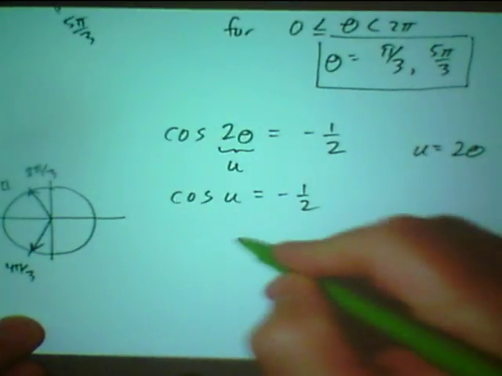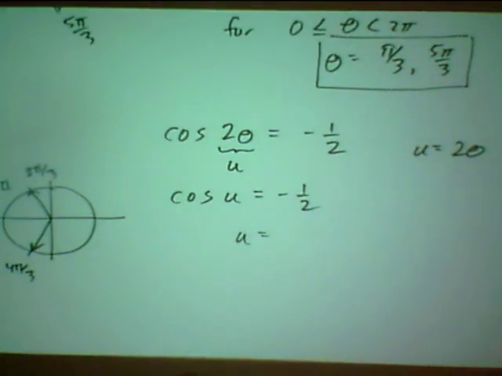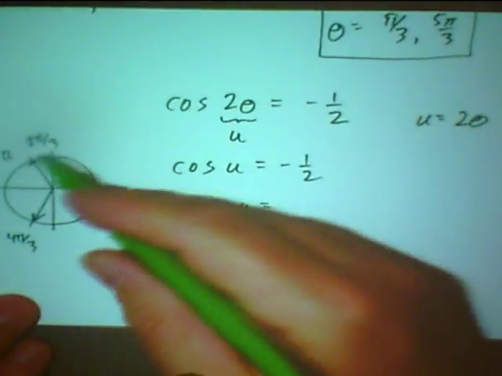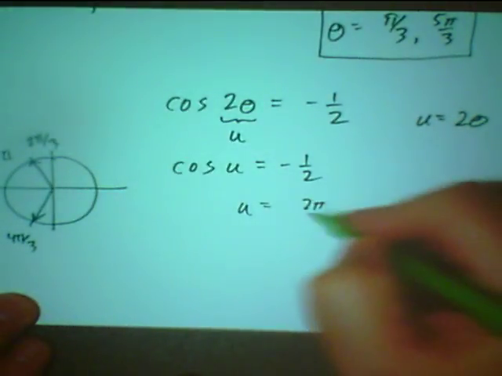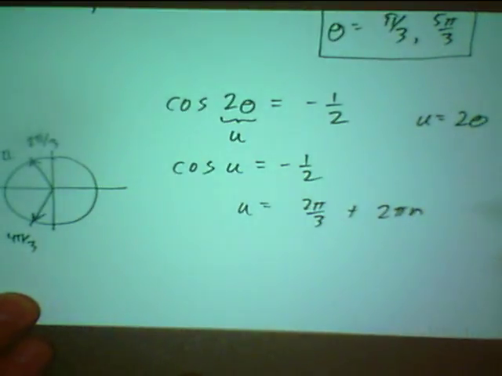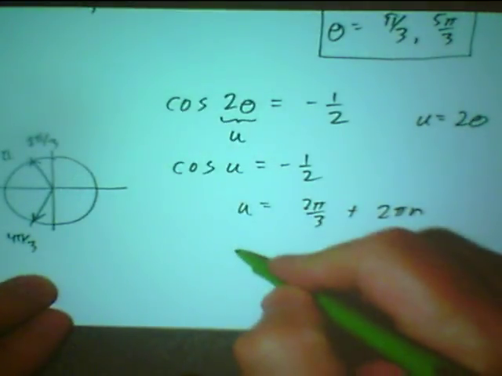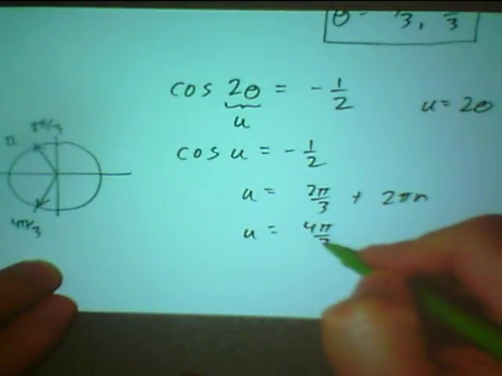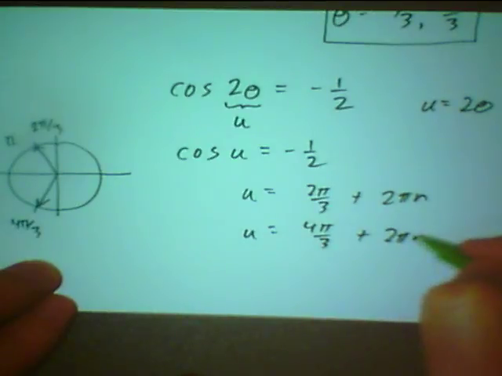So for my solution u, in the general form, the first one is 2 pi over 3, and I can keep adding on 2 pi's forever and ever, so plus 2 pi n, and my second solution is 4 pi over 3 plus 2 pi n.